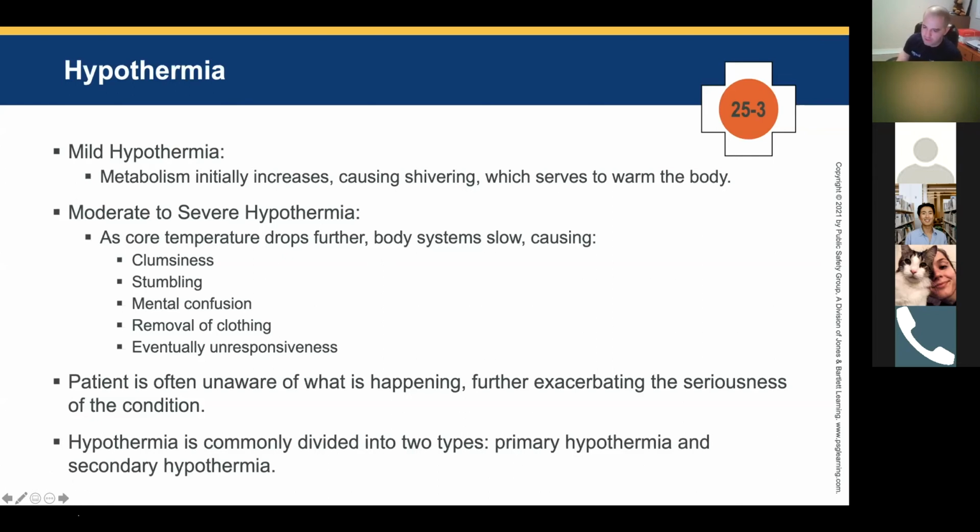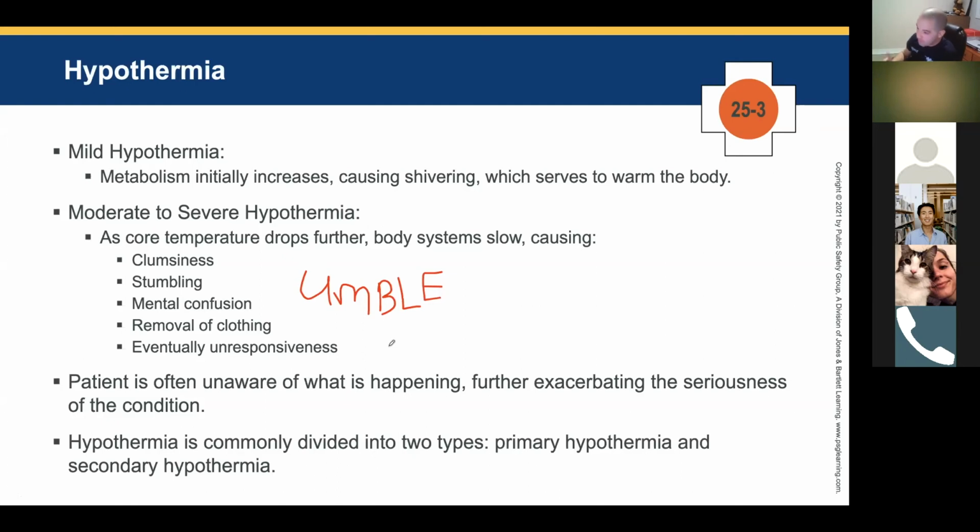Now, when we talk about the signs of severe or even moderate hypothermia, I like people to think about the umbels. So when we think about the effects of hypothermia, anytime that you can add the word umbel to an activity, that's a sign of hypothermia.